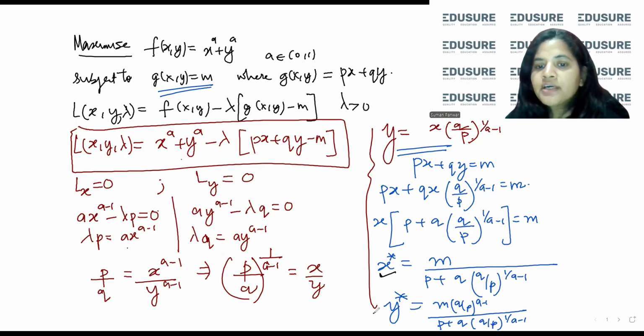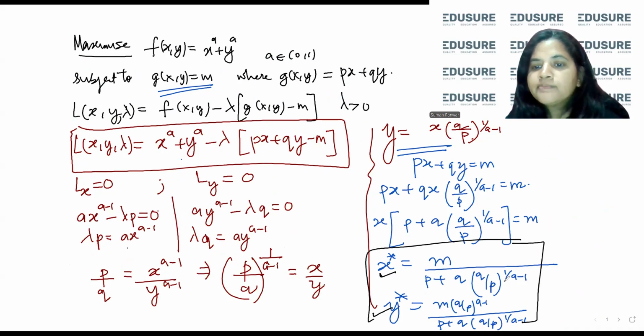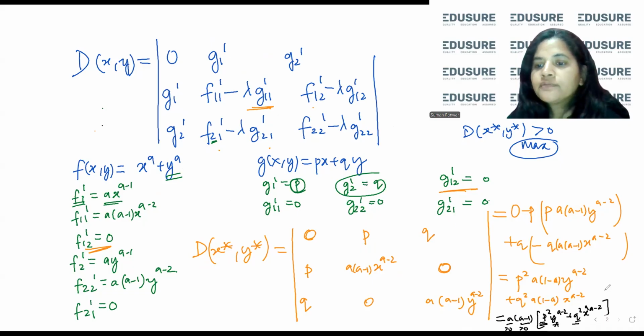So these things will also be positive. And therefore my D at x star, y star is coming out to be positive, and therefore we have a maxima at the indicated x star and y star. All right. This is how we solve this problem using the second order sufficiency conditions.